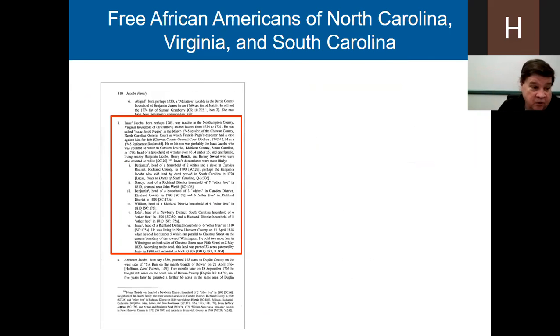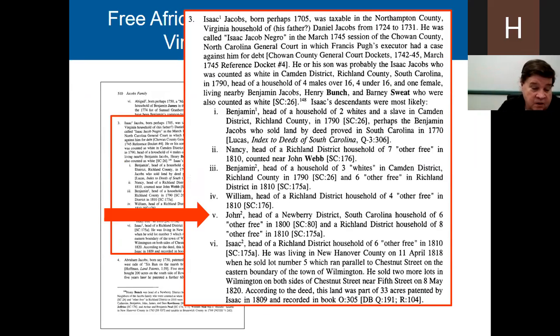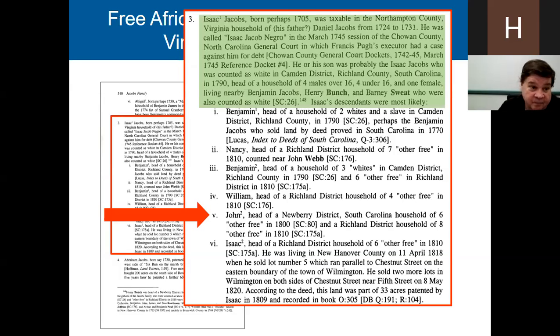Well, let's go to this book. And there's a John who's the head of a Newberry District, South Carolina household of 6 other free in 1800, and a Richland District household of 8 other free in 1810. That John is the son of Isaac, born about 1705, who was taxable in Northampton County, Virginia, in the household of his father.